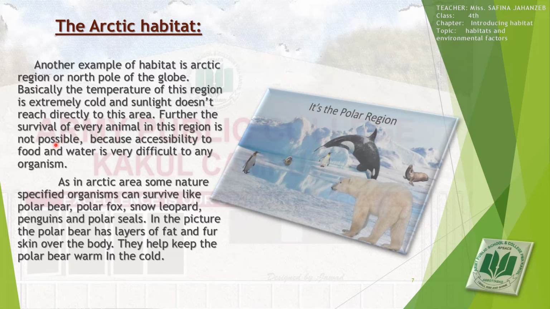Further, the survival of every animal in this region is not possible because accessibility to food and water is very difficult for any organism. In the Arctic area, some specially adapted organisms can survive, like polar bear, polar fox, snow leopard, penguins, and polar seals.